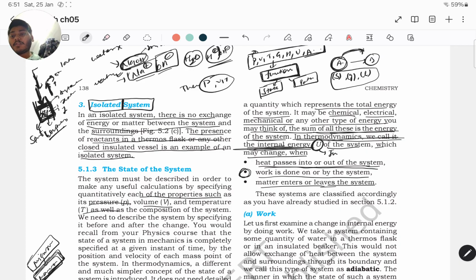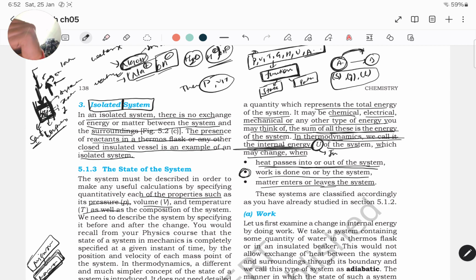Now the system works. First we saw that there is work on the system, but now the system is working, from system to surrounding. Now the surrounding may be affected.